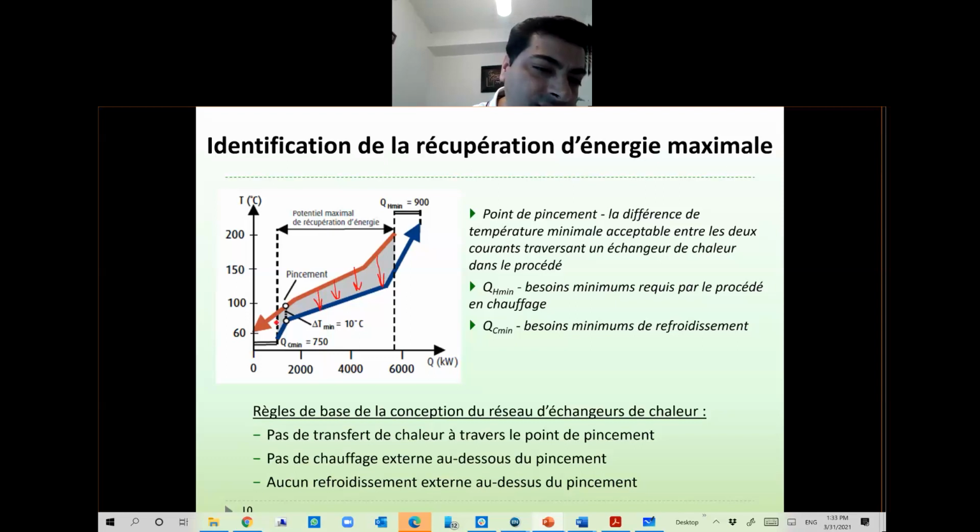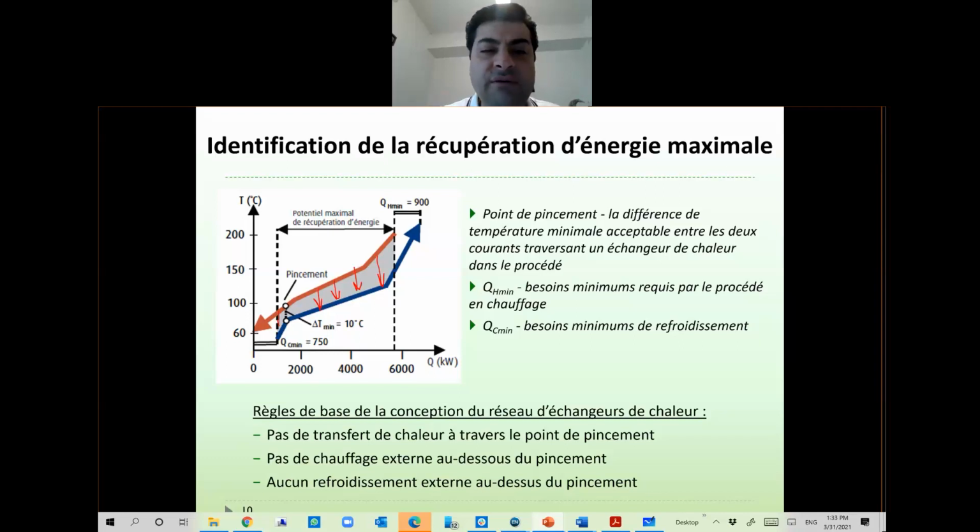Okay, and also this overlapping zone is the zone that you have to design a heat exchanger, because this is really the zone that heat exchangers are used.